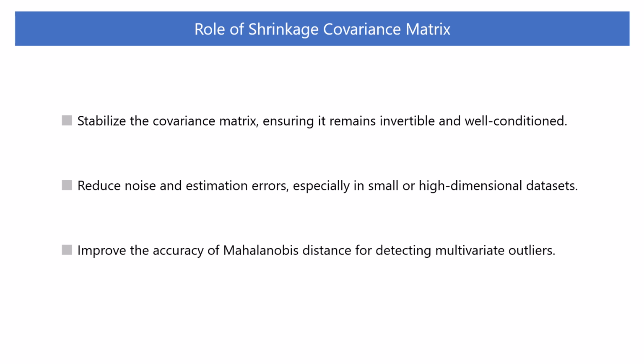Second, it can reduce noise and estimation errors, especially in small or high-dimensional datasets. Third, it can improve the accuracy of Mahalanobis distance for detecting multivariate outliers. The shrinkage covariance matrix provides a solution to these problems by regularizing the covariance matrix and making it more reliable for outlier detection.